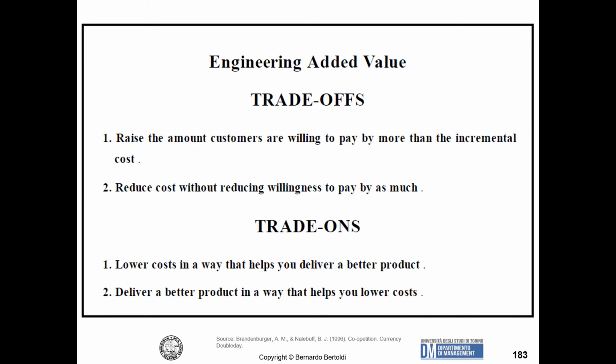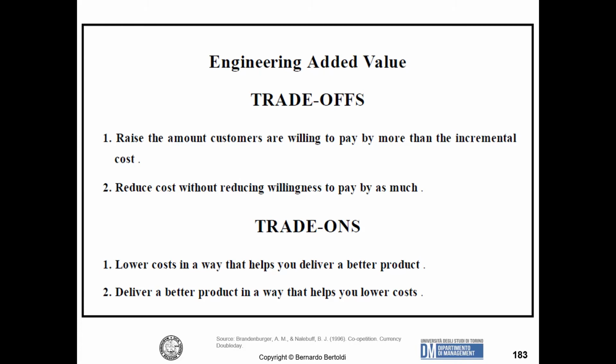Or you can reduce the cost and reduce a bit, not as much, the willingness to pay. Again, the content of your product will be discounted, so the willingness to pay will decrease. Hopefully, this decrease will be lower than the decrease of your cost, so you can still have some profit on that.